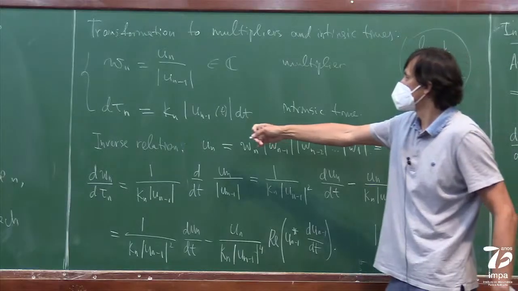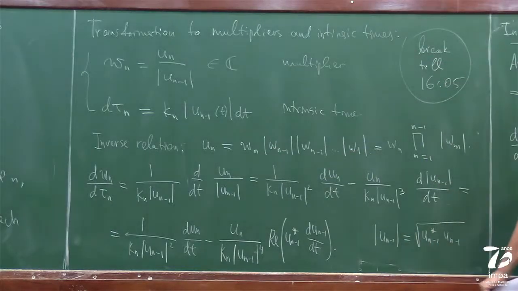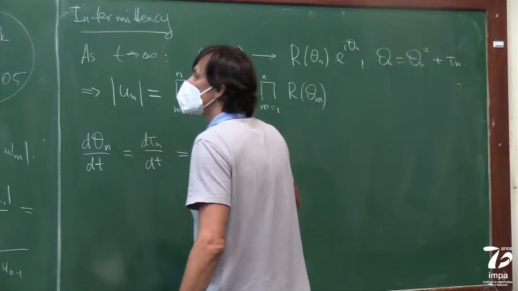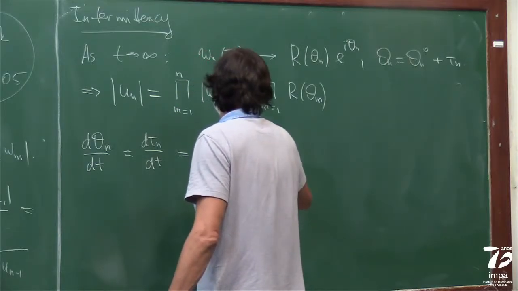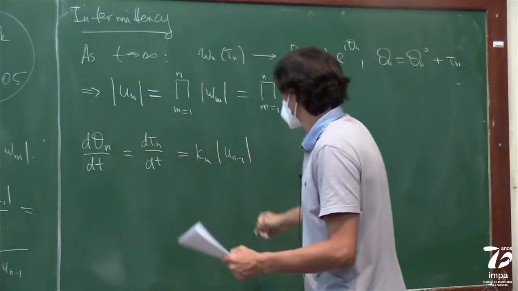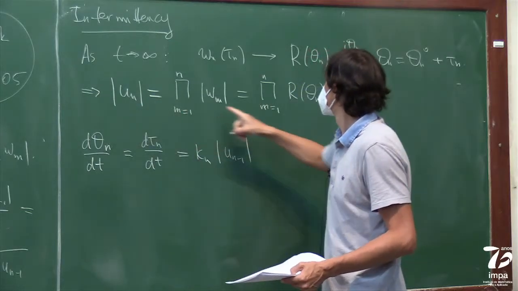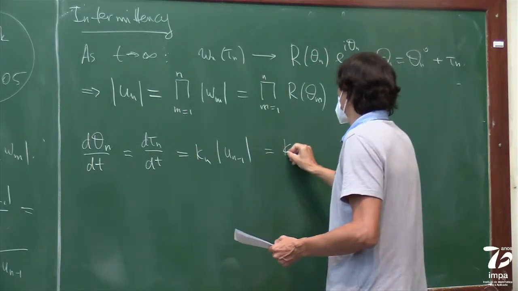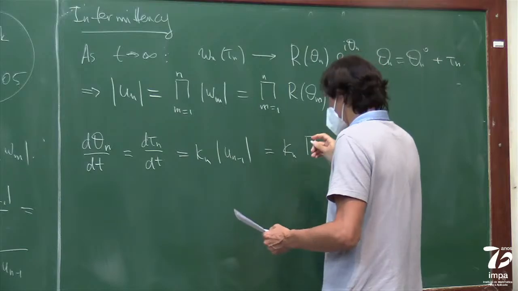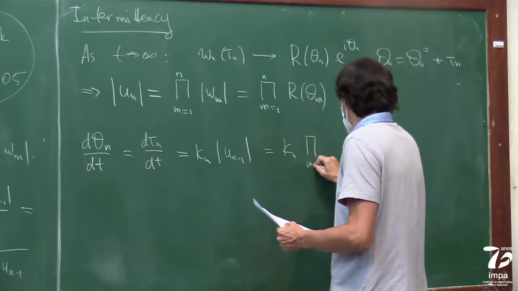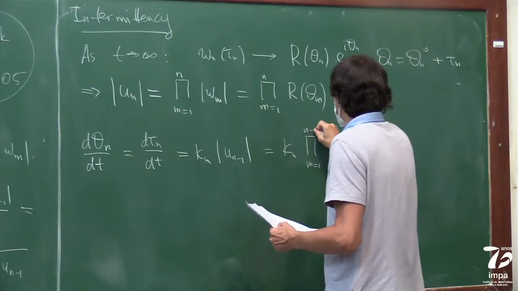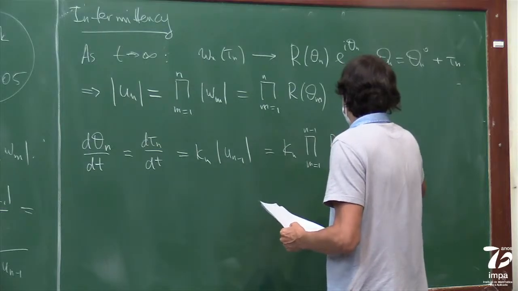From the definition, it's k_n modulus of un minus 1. And again, using this formula, we can write k_n by the product from m equals 1 to n minus 1 of R(theta_m).